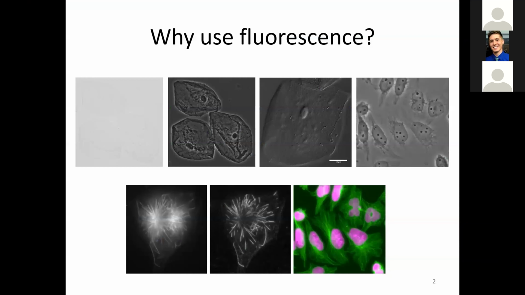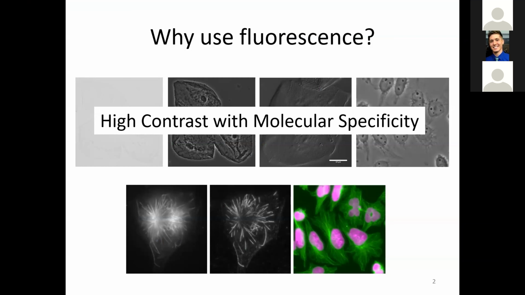So why use fluorescence? We want to generate contrast in our sample. And we do have some transmitted light techniques that allow us to do that, some phase contrast and DIC, but fluorescence gives us molecular specificity.